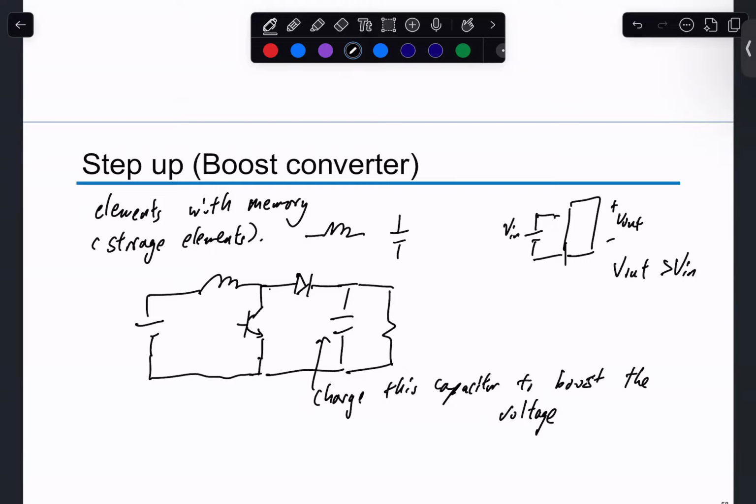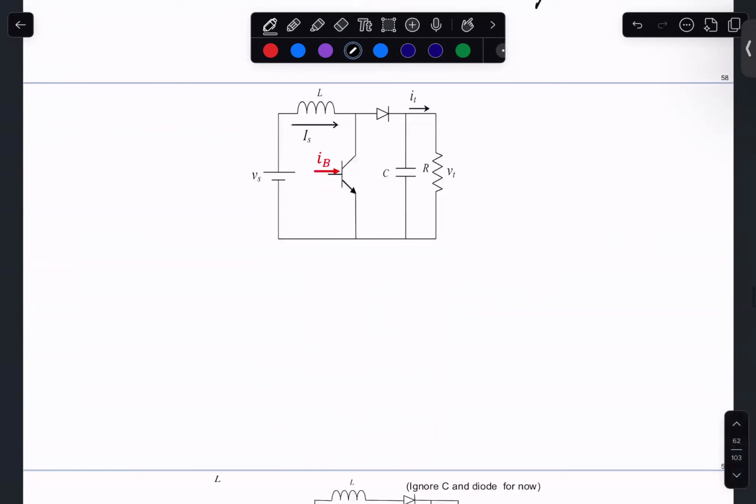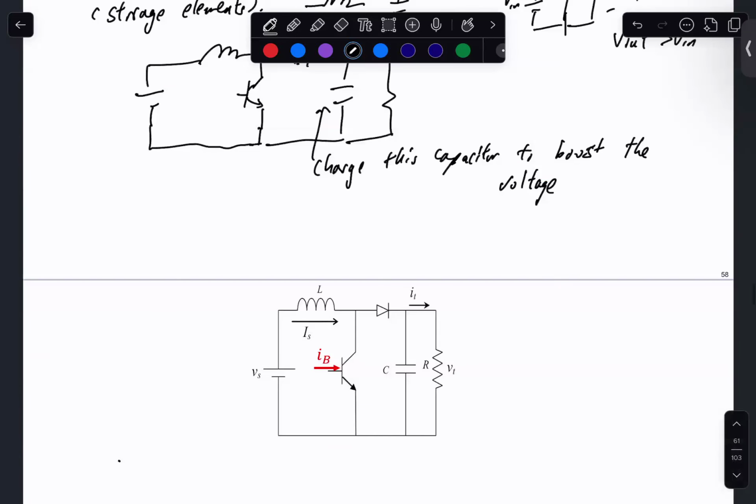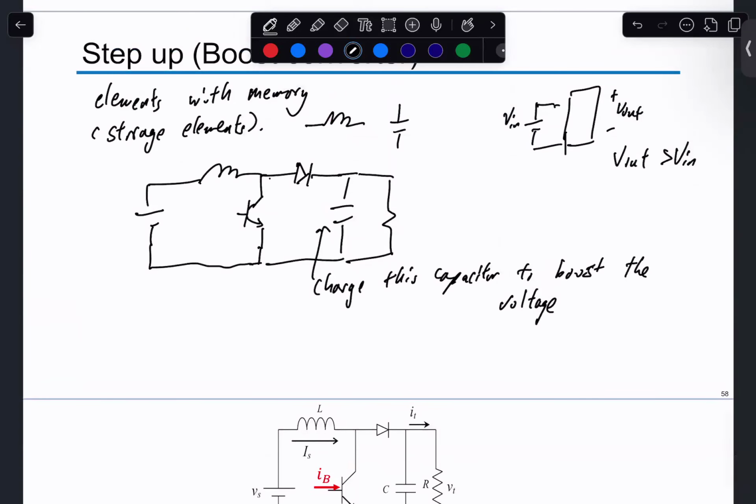The idea is when this switch is closed, we're somehow charging the voltage. When the switch is open, then we're drawing this power out. So to take a closer look, when the switch is closed, we're basically drawing power from the capacitor.